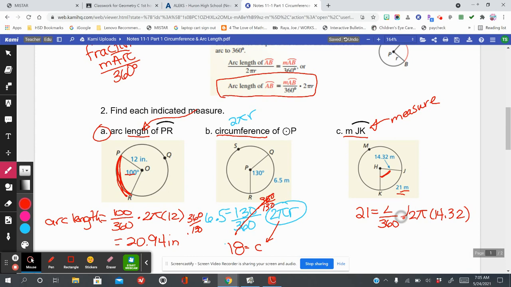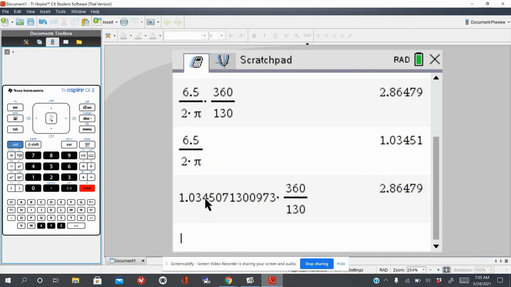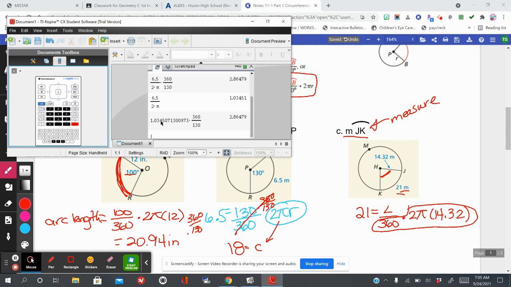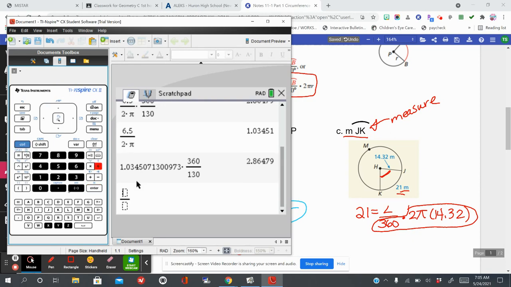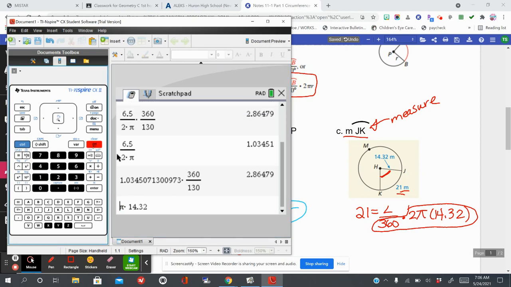You can figure out all of this in your calculator. Let's do 2 pi times 14.32.